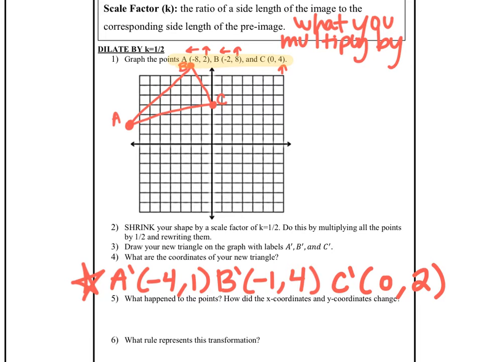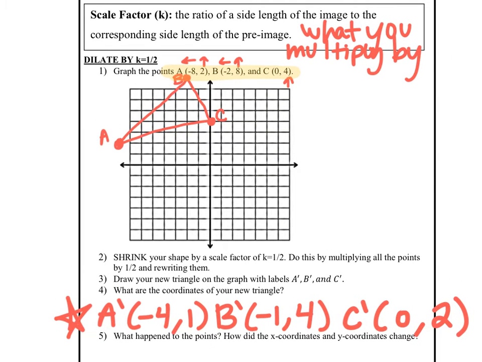So you need to graph these three coordinates. -4, 1, left 4, up 1. A prime. B prime is -1, 4. So left 1, up 4. If it kind of overlaps, that's okay. And then C prime is 0, 2.